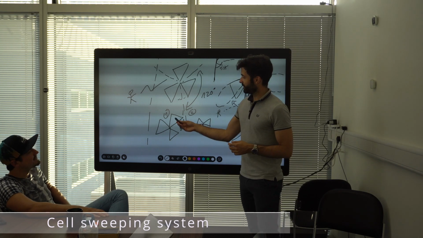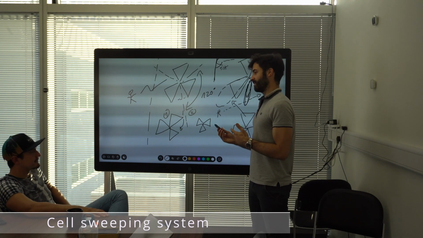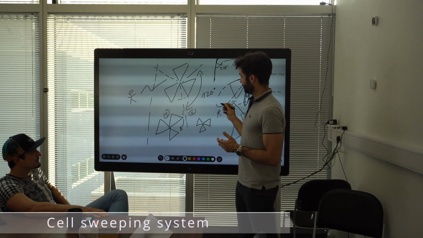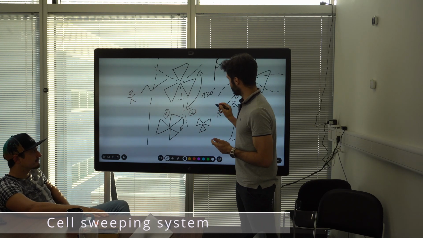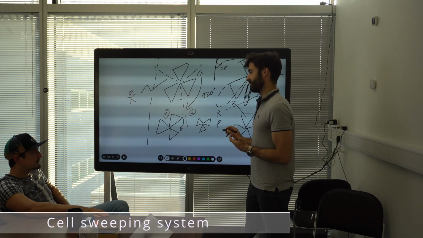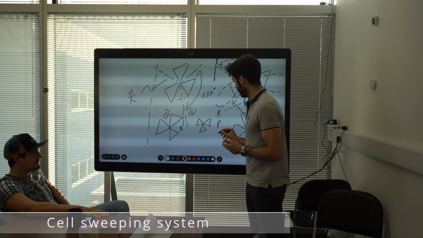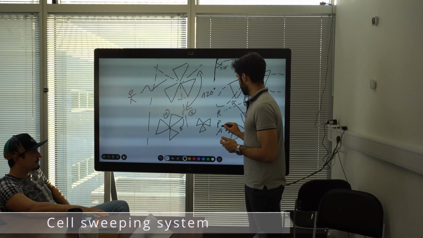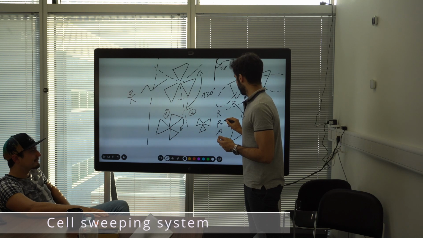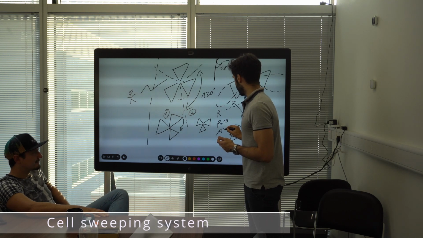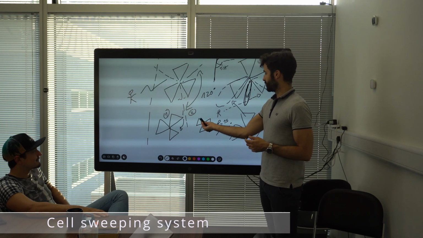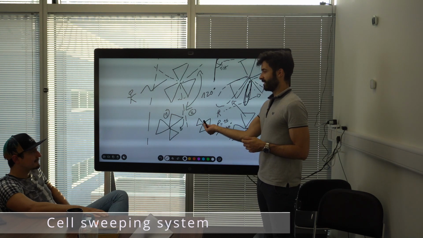Because with cell sweeping, we can define the sweeping speed. So we can define basically two main parameters: p for the period of sweeping or rotation, and a for the amplitude. So if p is equal to 1 second and a is equal to 30 degrees, this means that the sectors will sweep 30 degrees every second.